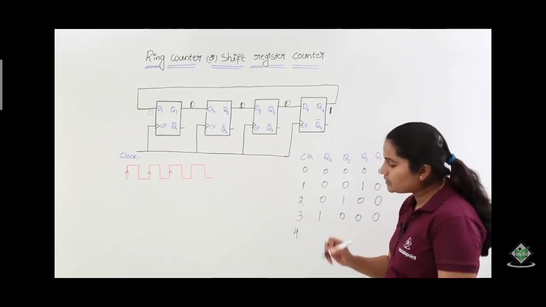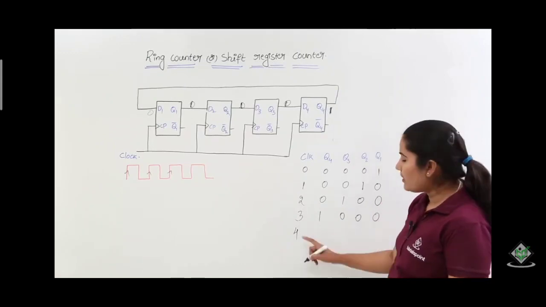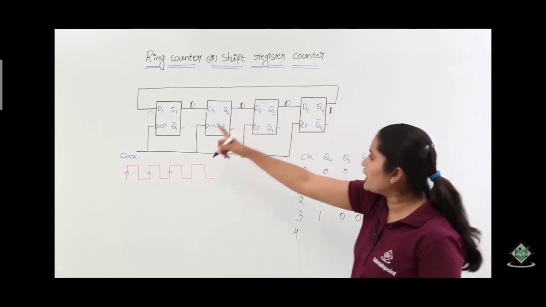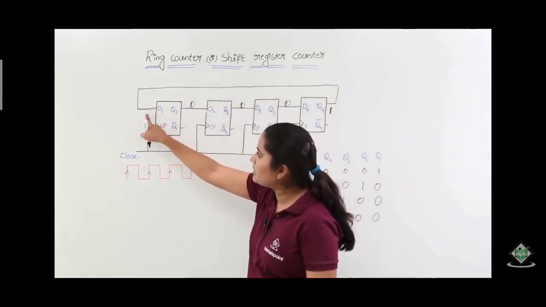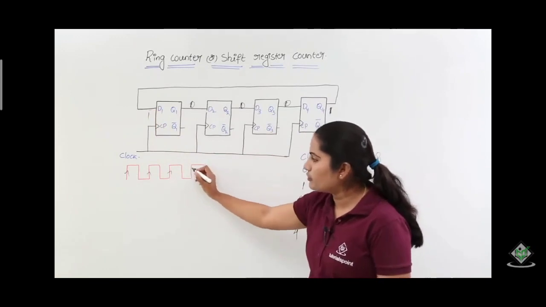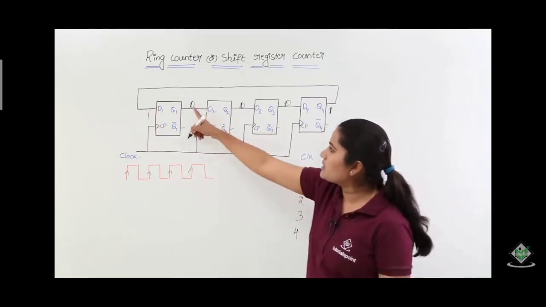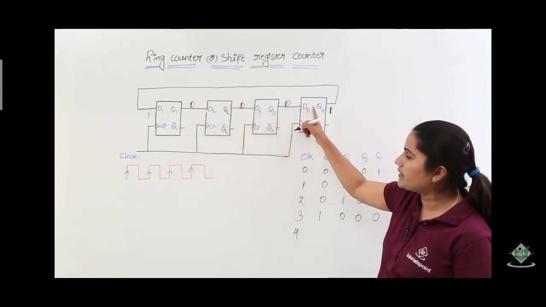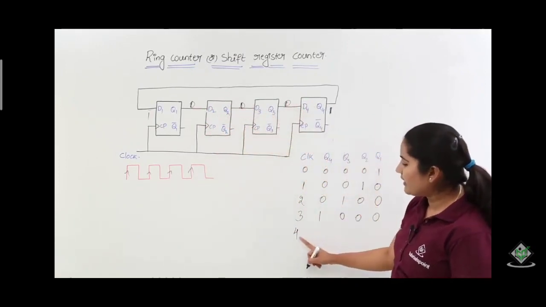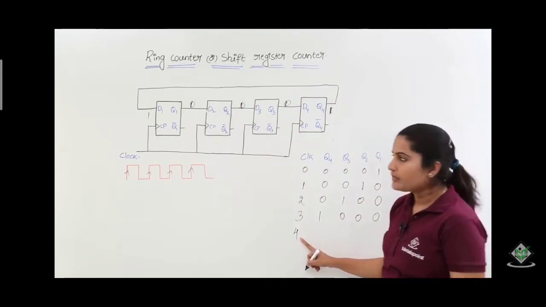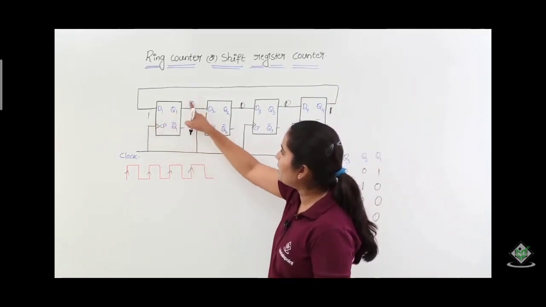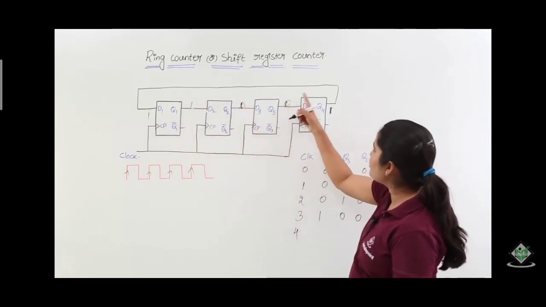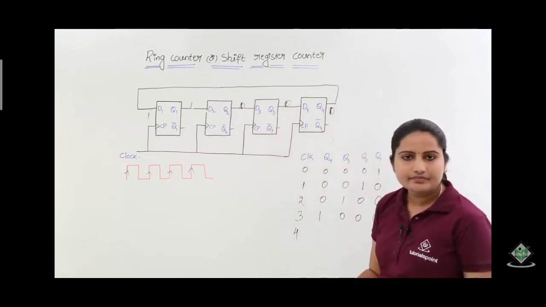To apply the fourth clock pulse, again you need to get ready with your inputs. This 1 will come here before application of the fourth clock pulse, and this 0 is ready for this, this 0 is ready for this, this 0 is ready for this. So when I applied the fourth clock pulse, this 1 will come here and this 0 will come here, 0 will come here and 0 will come here.